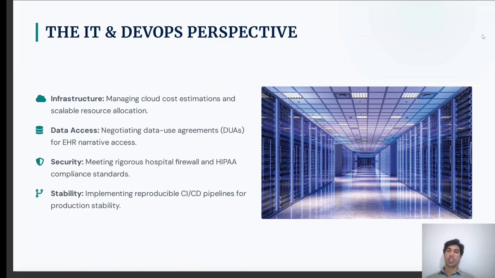Then there is the security of the project, to meet rigorous hospital firewalls and HIPAA compliance standards. And last but not least, we have stability, to implement reproducible continuous integration and continuous deployment pipelines for production stability. So our code needs to be reproducible and have a proper pipeline for deployment and integration. These are the requirements for secondary stakeholders.